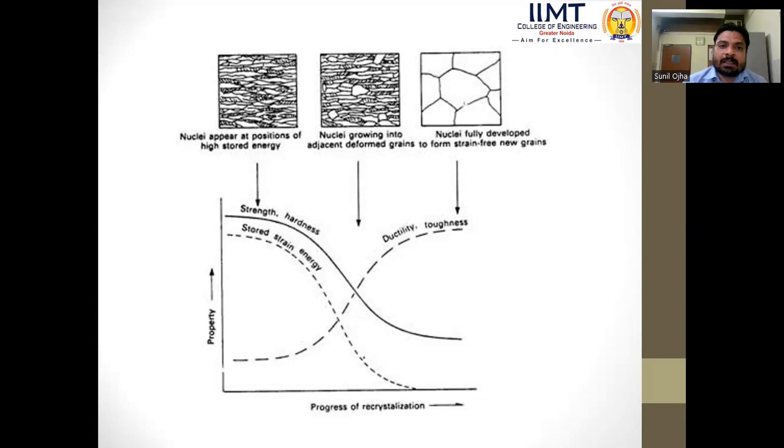Nuclei appear at positions of high stored energy, growing into the adjacent deformed grains, and the nuclei fully develop to form strain-free new grains. So we can see the different properties in this graph.